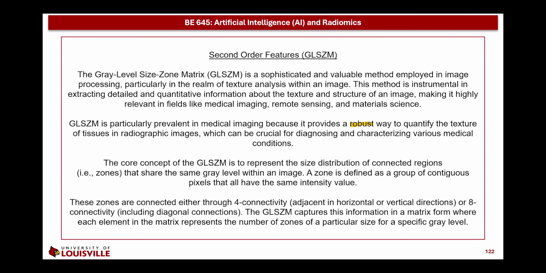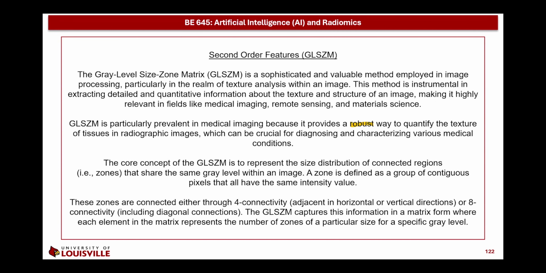These zones in two dimensions are connected either through four connectivity, where we connect the adjacent horizontal and vertical directions, left and right, top and bottom, or eight connectivity, where we also include the diagonals, top left, top right, bottom right.